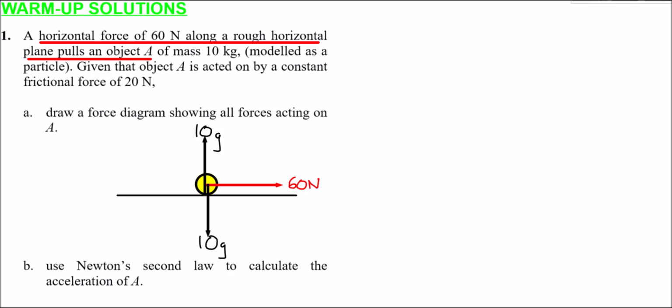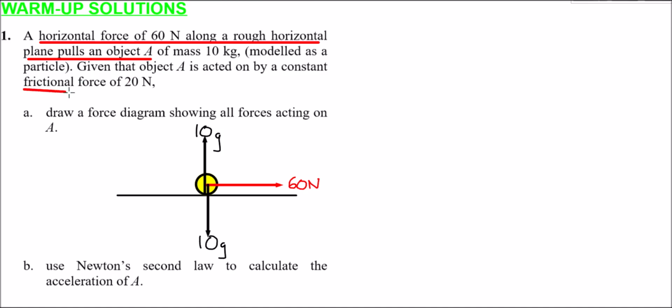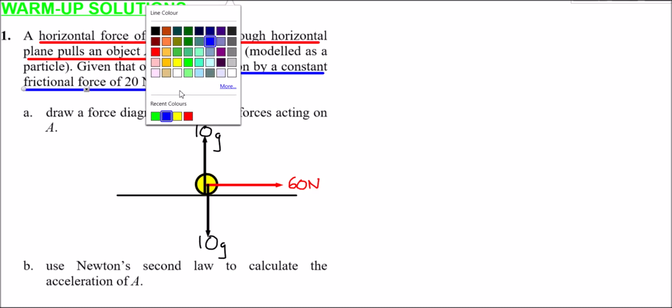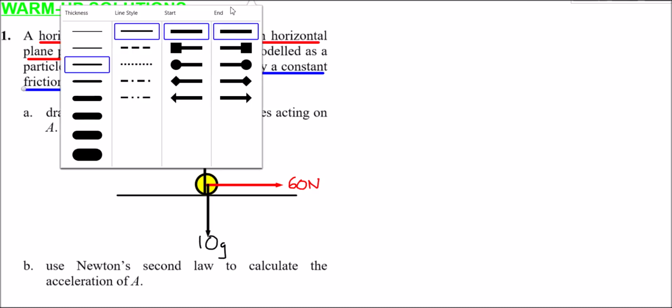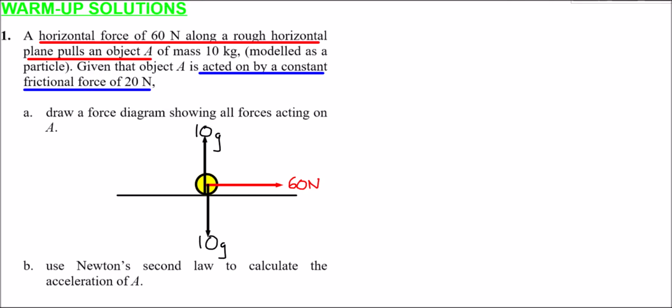But also, it says here that there's a frictional force of 20 newtons acting on it. So what I'll do here is just add this in as well. So the friction will always resist the motion. So I'm just going to do a line here. Not doing very well with these lines today.